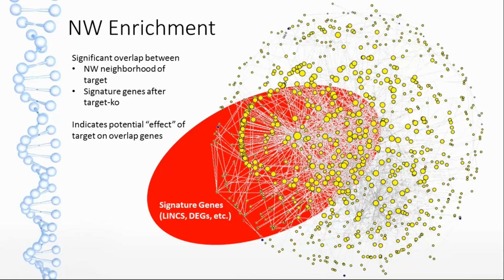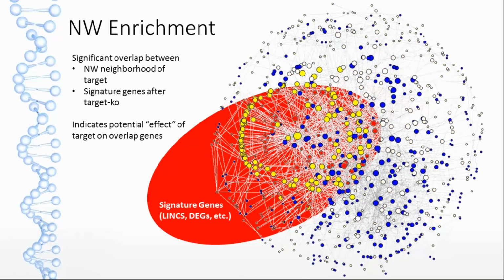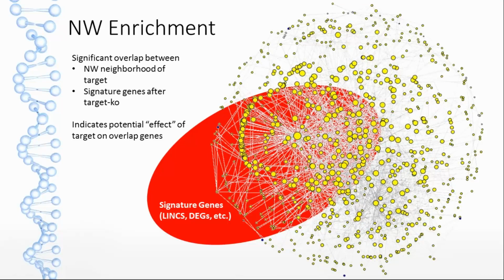So we considered the network as given. We just were looking at the network neighborhood, whether the neighborhood of a particular target gene has a significant involvement with the neighboring genes, and the significant involvement is tested by overlap with the LINCS data set. I hope I made that clear.